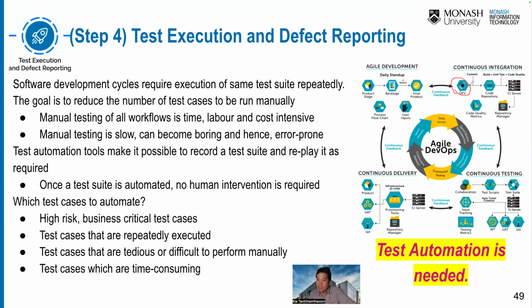The developer normally commits the code to the code repository. The code repository is connected to the CI server like Jenkins or GitLab CI. It will run automated tests. There's a repository manager as well. So basically the CI server will tell you whether the new code contribution is correct or not.